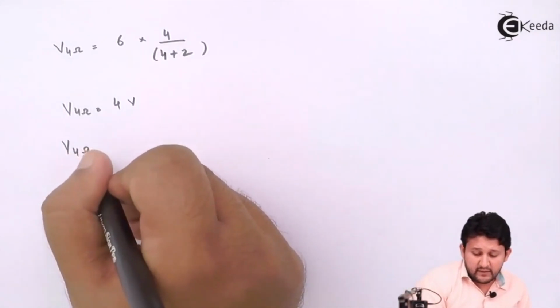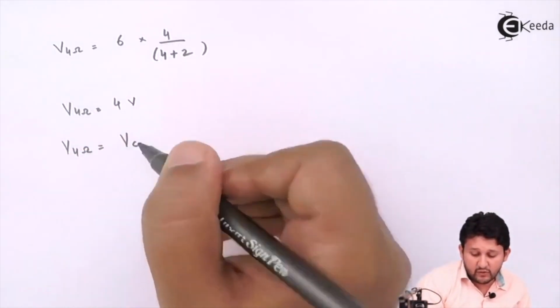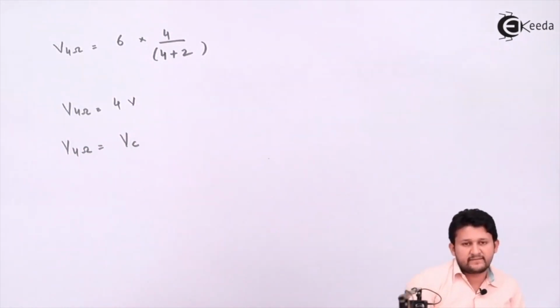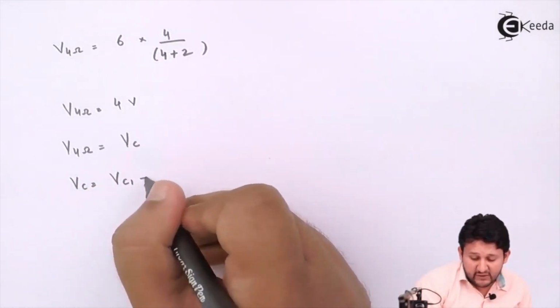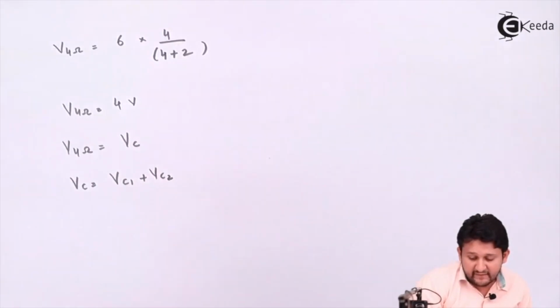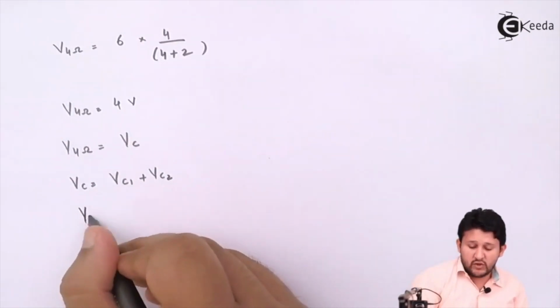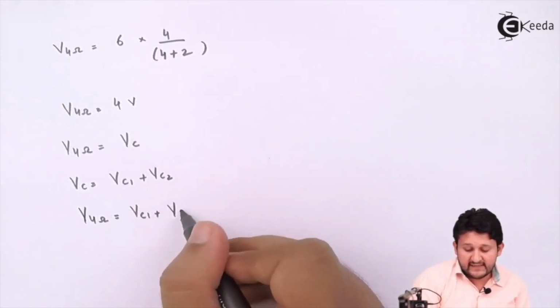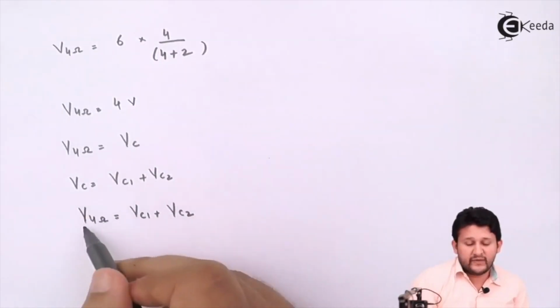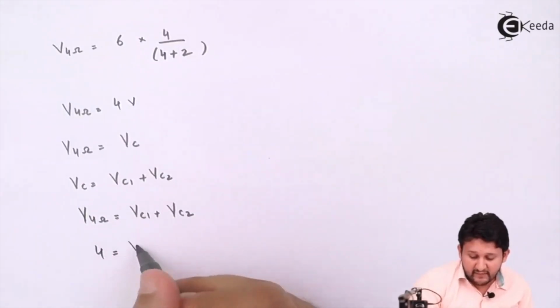And you have seen your voltage across 4 ohms is equal to the total capacitor voltage. You have two capacitors, so you can write VC1 plus VC2. So voltage across 4 ohms is equal to VC1 plus VC2, and that is 4.